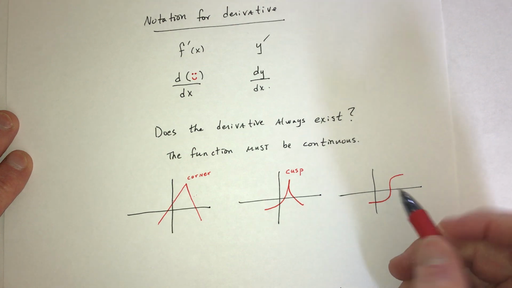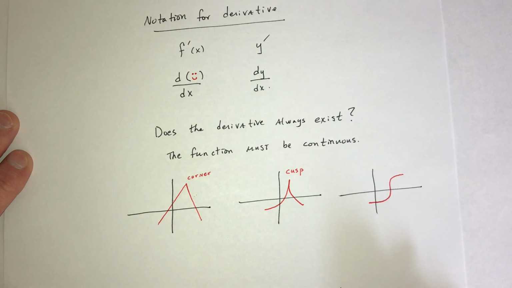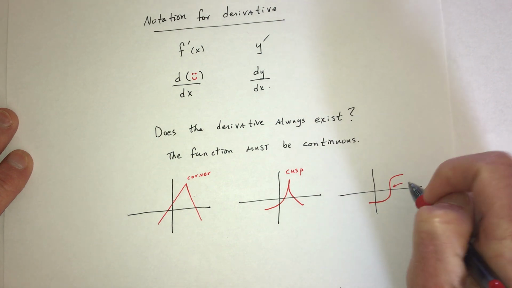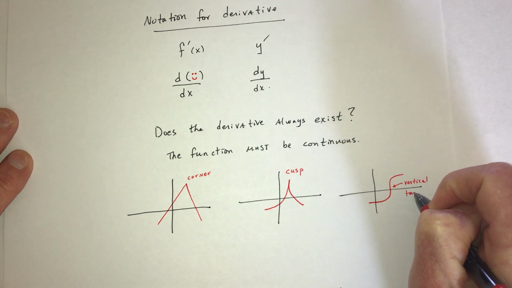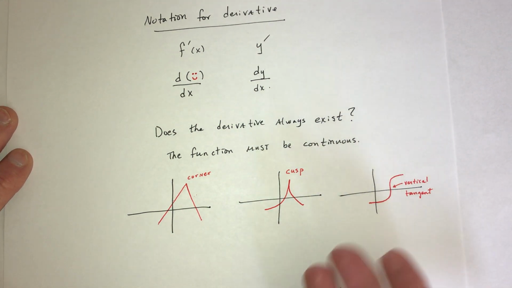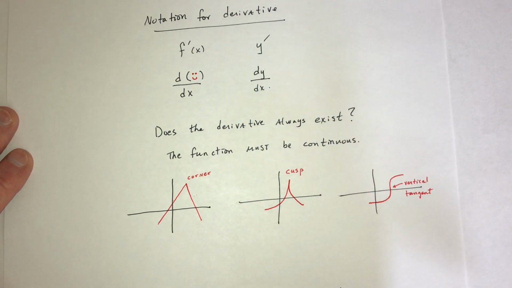And for a vertical line, because the tangent line for this one would be vertical, that is undefined slope. So right in here, you would have a vertical tangent line. So these 3 are examples where the functions are continuous, but the derivative does not exist.